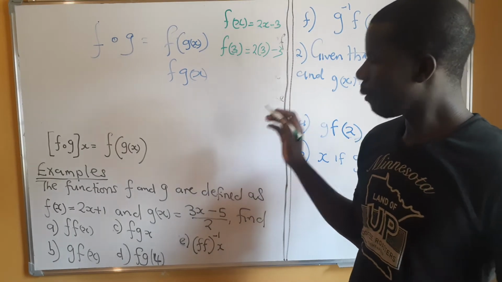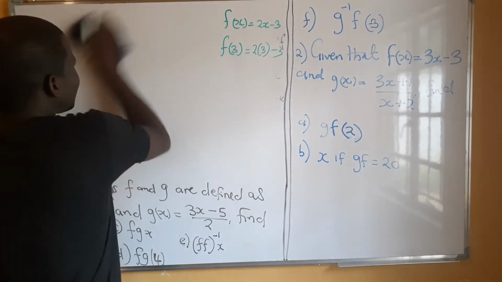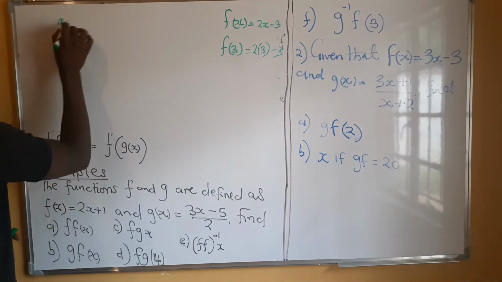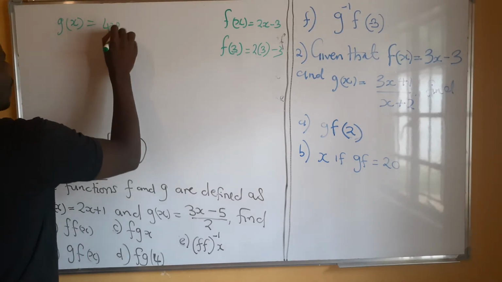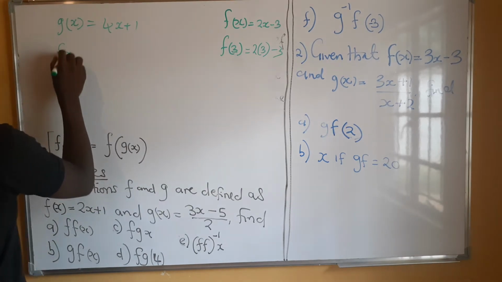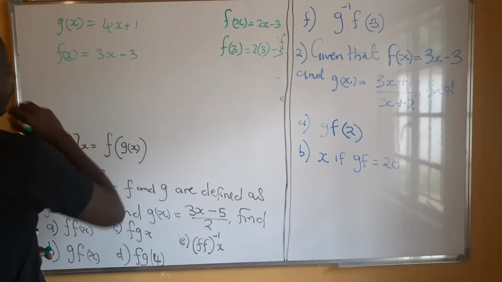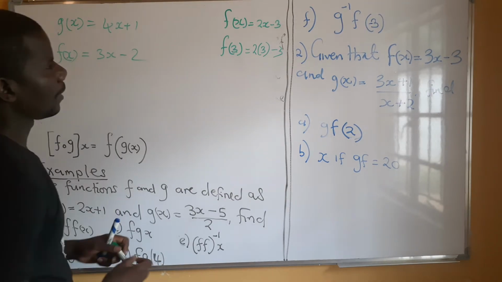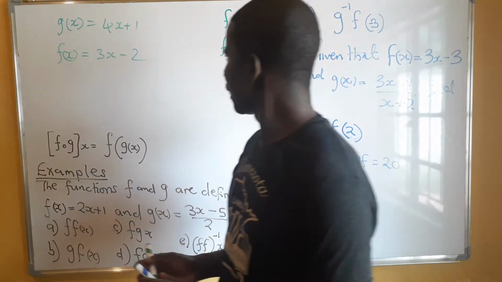So now, for the composite functions, if you have got two functions, for example g(x) = 4x + 1, then f(x) = 3x - 2.